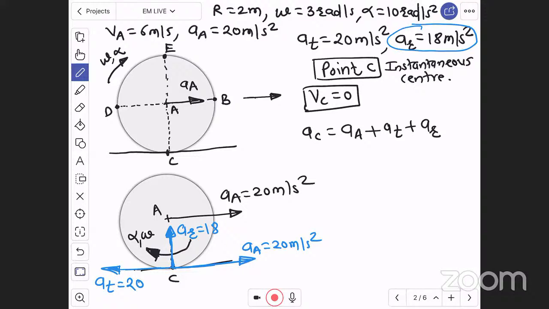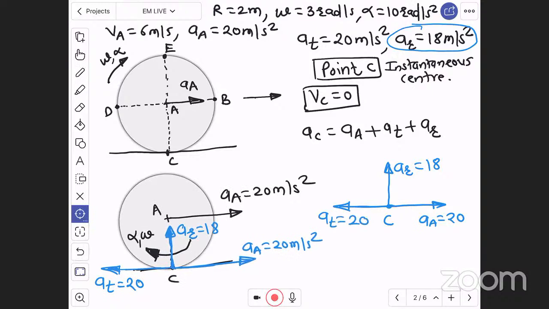So for this point C, that is instant center, there will be an acceleration of A towards right, which is 20; a centripetal or radial acceleration towards center along radius, which is 18; and a tangential acceleration towards left, which is 20.